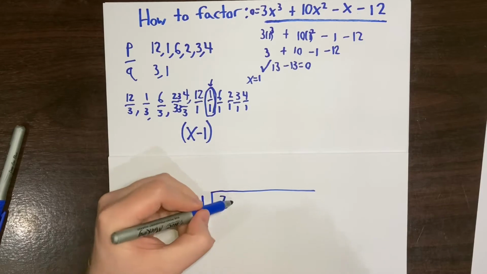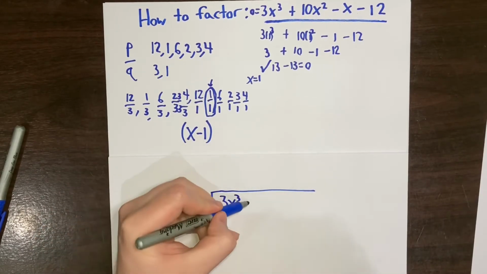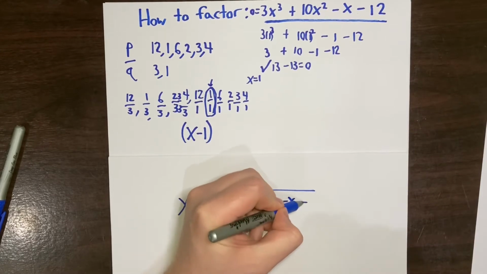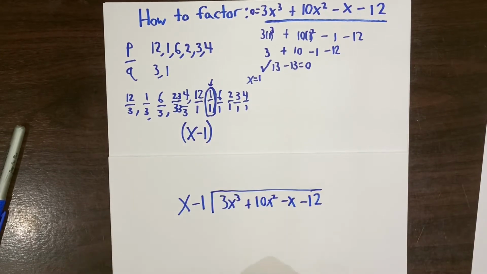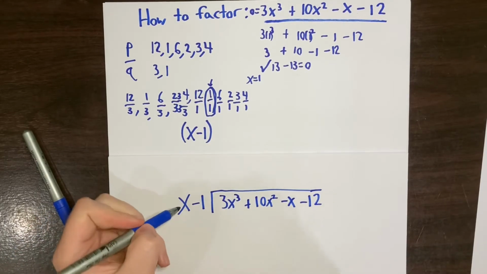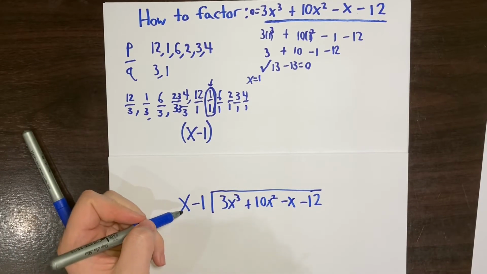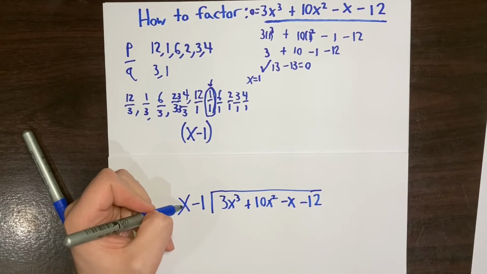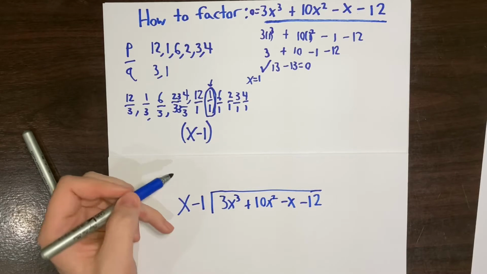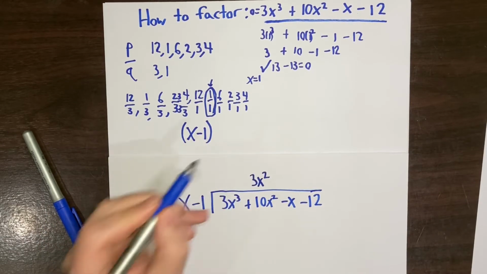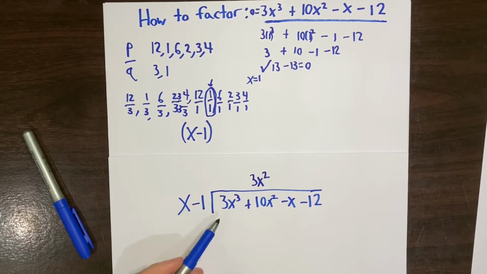X minus 1 here, 3x to the third plus 10x squared minus x minus 12 inside of our long division. I'm going to switch markers. And yeah, the way you divide polynomial expressions is you just divide the leading coefficient first. So x goes into 3x cubed how many times? 3x squared, right? Because x times 3x squared equals 3x cubed.